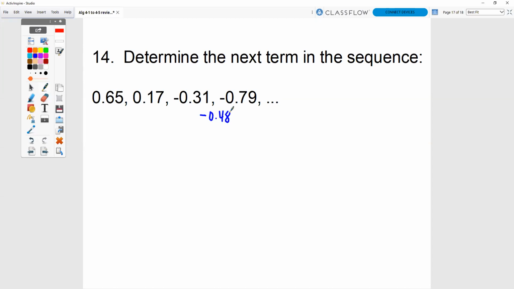Negative 0.31 minus 0.17 is negative 0.48. Not negative, but positive 0.17 minus 0.65 is negative 0.48. I'm subtracting by 0.48 each time. So if I do that one more time, my next number would be negative 1.27.